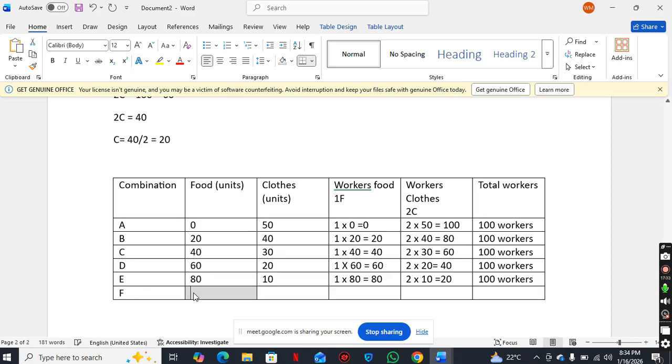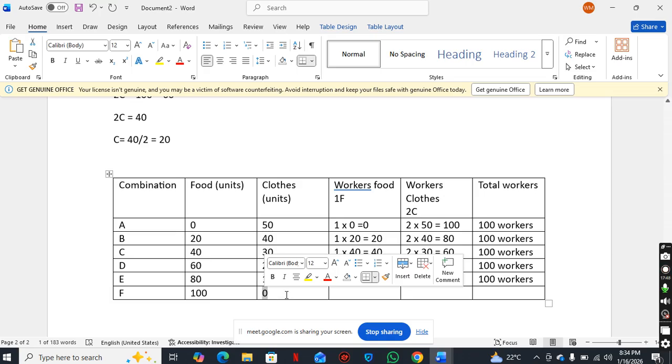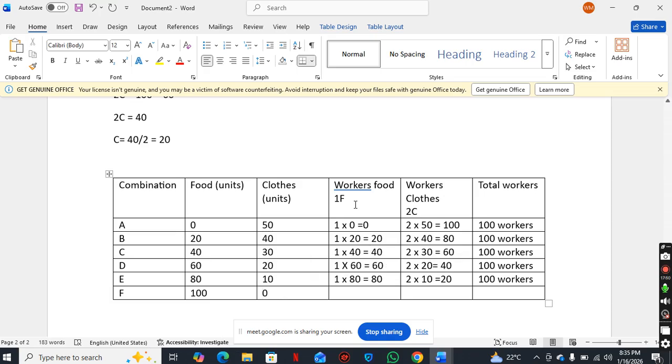Now we produce 100 units of food. We know we cannot produce any clothes. So the number of workers needed for the food, 1 times 100 equals 100 workers.